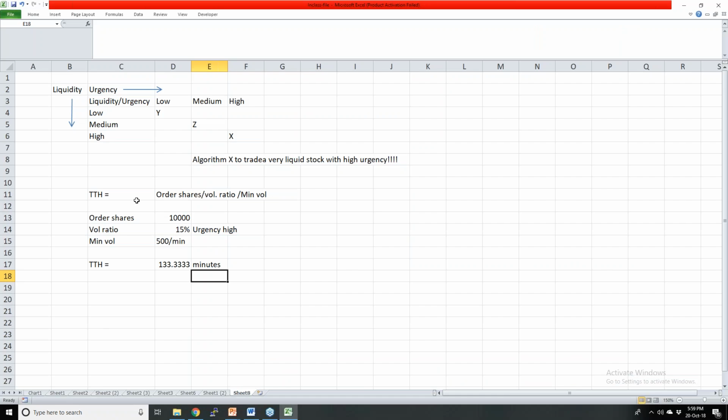The formula is: theoretical time horizon equals the number of shares ordered divided by the volume ratio divided by the minute volume, right? Say I've taken the volume ratio as 15%, very high urgency. Order shares were 10,000, and for that particular stock, say Microsoft, the volume is 500 per minute.